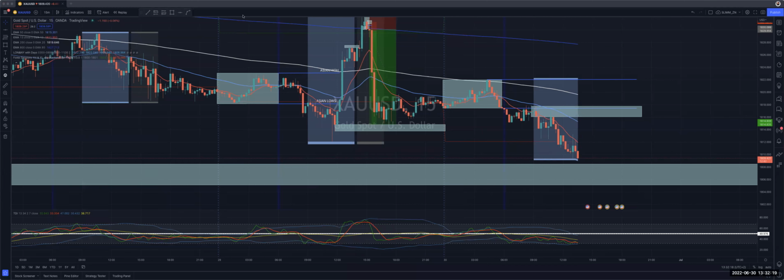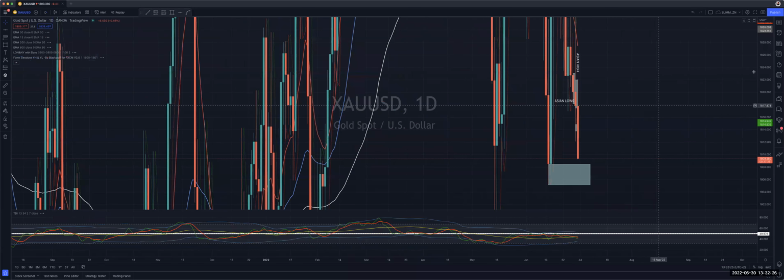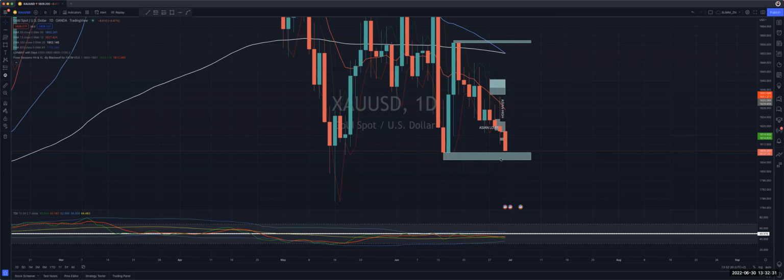Selling bias is coming from our daily view. So remember daily, we said we're pushing towards that level there, this level here. And this was yesterday's price action. This is today. So today price just pushed up a little bit and started dropping in a continuation pattern.